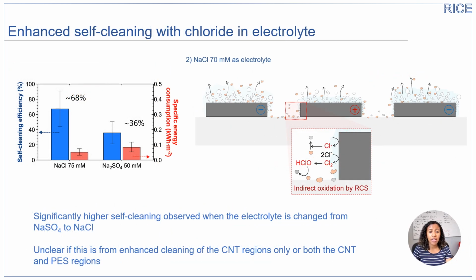And in fact, we saw that when we changed the electrolyte from sodium sulfate to sodium chloride, we did see significantly higher levels of cleaning, although we don't yet have the data on whether this is from enhanced cleaning of the CNT regions only or both the CNT and the polyether sulfone regions.